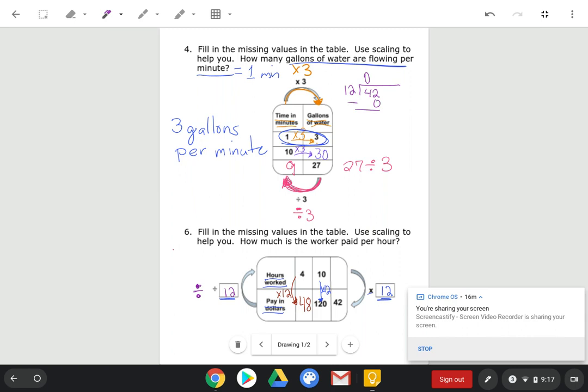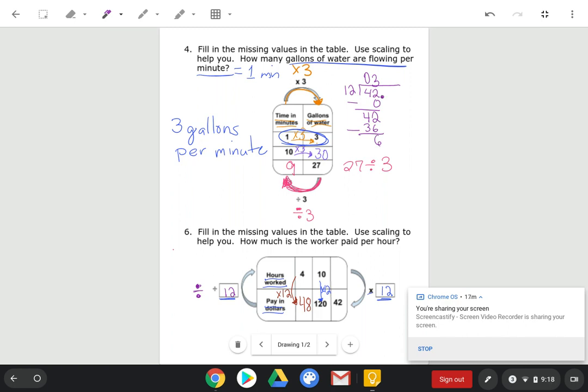Subtract out. 42 minus 0 is 42. 12 can go into 42 3 times. 3 times 12 is 36. Subtract out. That gives me 6.